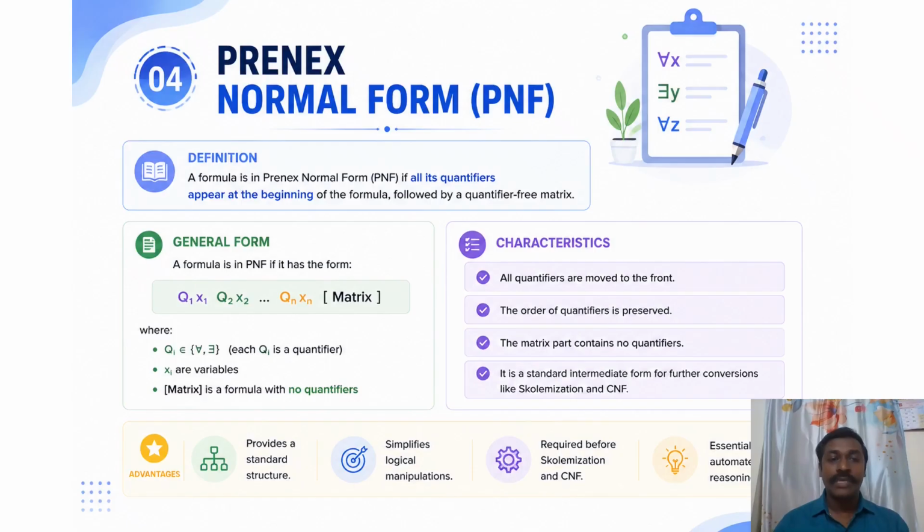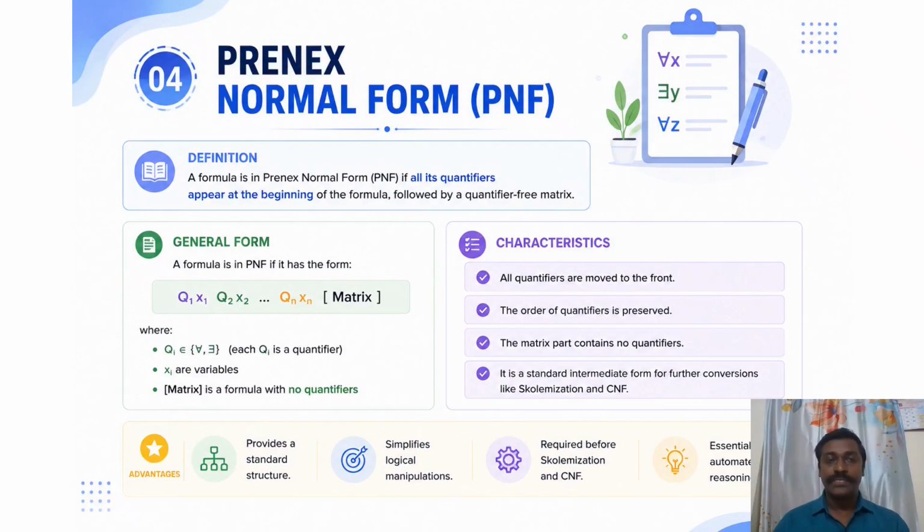The general form given here is Q1 x1, Q2 x2, and so on, then after that the matrix. Each Qi belongs to for all or there exists quantifiers. Then after that we have the matrix without any quantifiers. So all quantifiers are moved to the front, and the order of the existential and universal quantifiers that are present is also preserved.